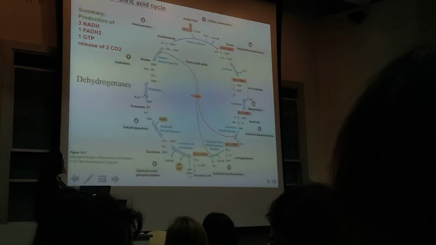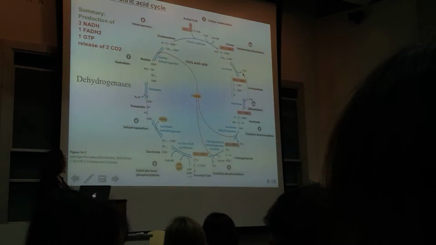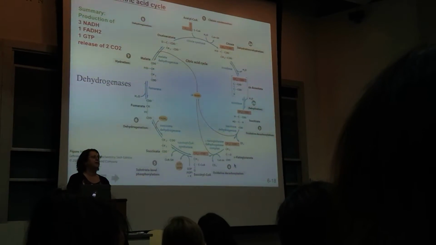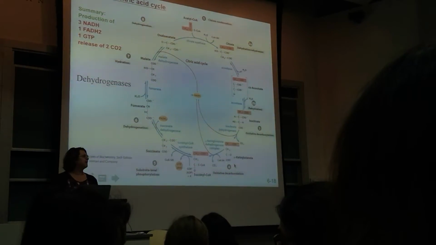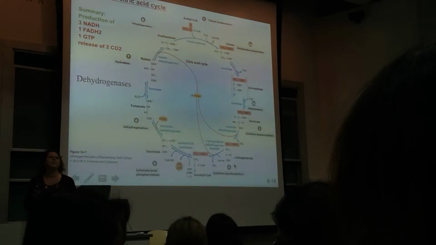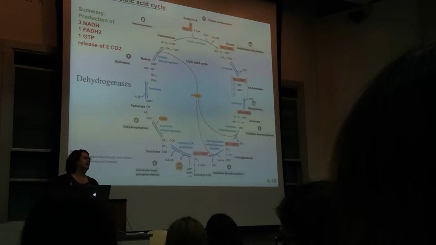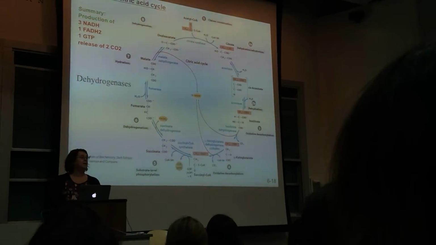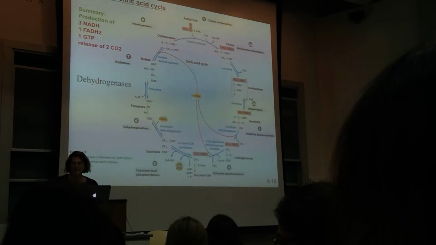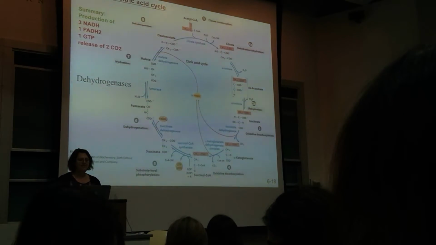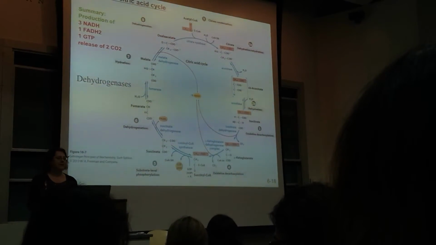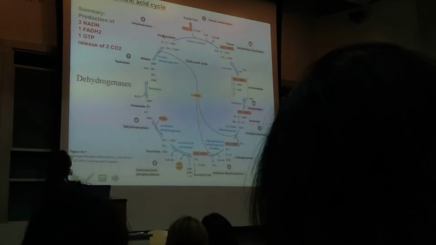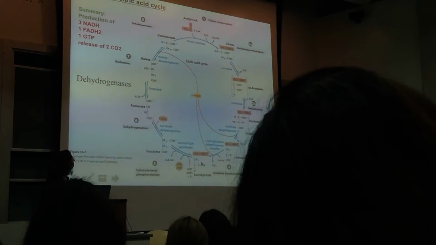I already made the point that transferring electrons to these molecules that store reducing power, NADH and FADH2, is really critical because that's what is turned into ATP in oxidative phosphorylation. So the dehydrogenases are really important in that aspect, and each of those is transferring electrons.